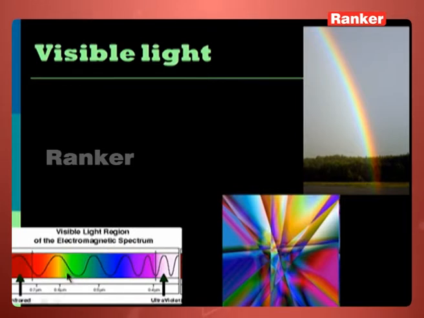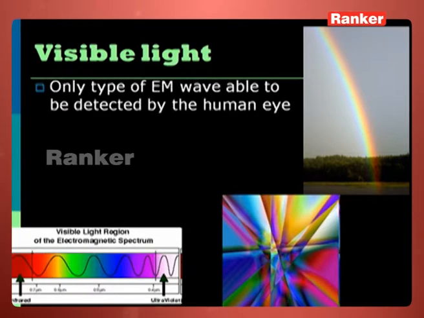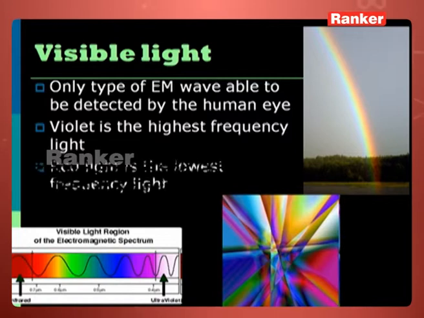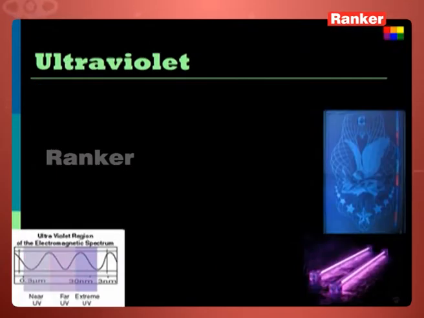In this region our eye is most sensitive. All human beings and animals have eyes adapted for visible light. This is the only part of the electromagnetic waves which is detected by the human eye. Violet is the highest frequency, red light is the lowest frequency.